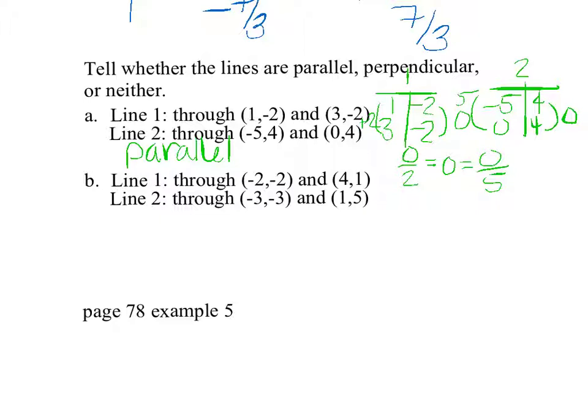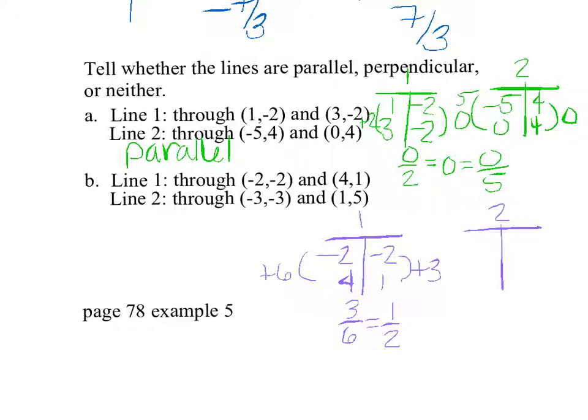For problem B, we've got line 1. That would be negative 2, and 4, 1. So I go from negative 2 to 1, add 3. From negative 2 to 4 I add 6. So I've got 3 over 6, which reduces to 1/2. For line 2, put my points in there.